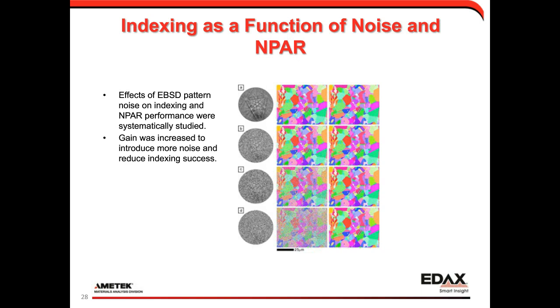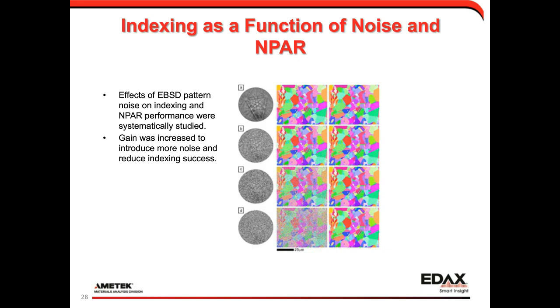Look at the difference between A and C in the pattern visually. Visually there is nothing that you can really see for the lines, but the computer is still consistently doing the Hough and indexing. And then you run through NPAR, the data gets even better. So that's kind of the whole thing here.